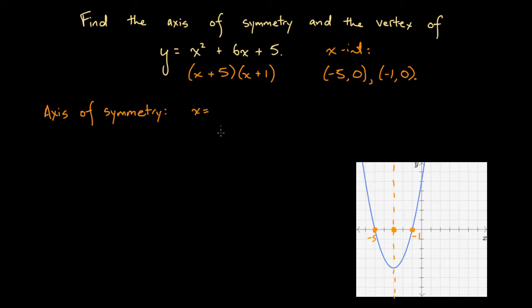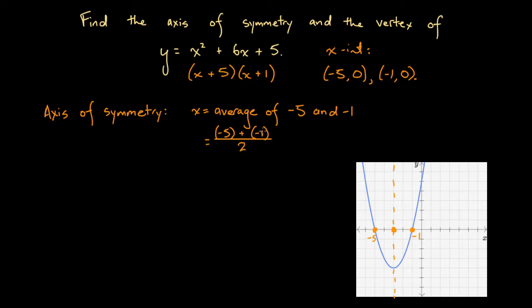So the easy way to find the axis of symmetry is just to write x equals the average of minus 5 and minus 1. The reason is that minus 5 and minus 1 are the two x-coordinates of the x-intercepts. In order to find an average of two numbers, we add those two numbers together and then divide by 2. So this is minus 5 plus minus 1, all over 2.